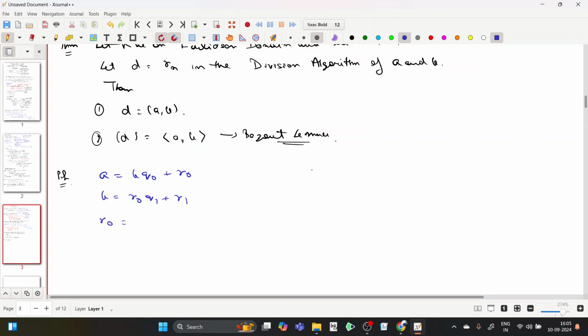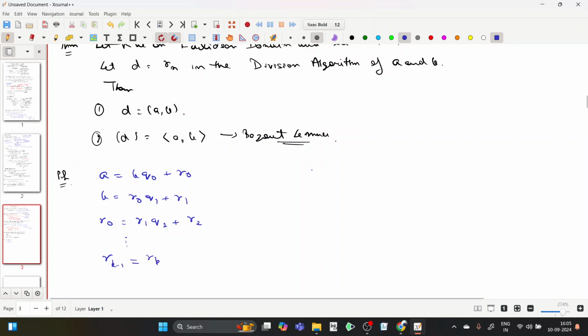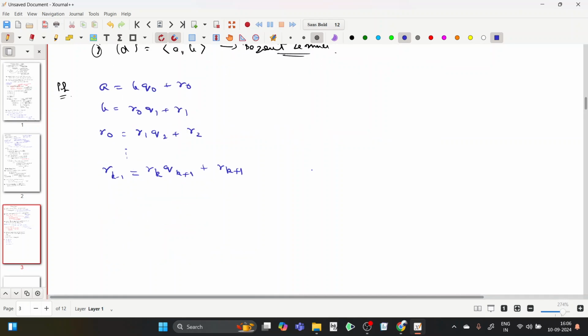Then R0 was written as R1 times Q2 plus R2, and it continued, and every statement was of this form: Rk minus 1 is equal to Rk times Qk plus 1 plus Rk plus 1, and eventually we reached a point where the remainder would become 0, and that was the nth point. So Rn minus 1 is equal to Rn times Qn plus 1. So I want to prove that this Rn is indeed the GCD. Okay, now how do I do that?